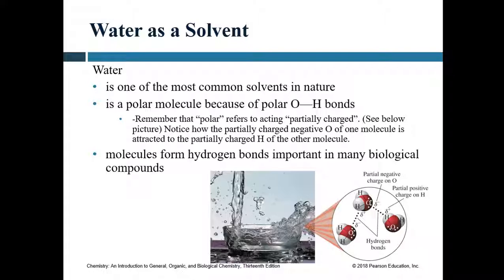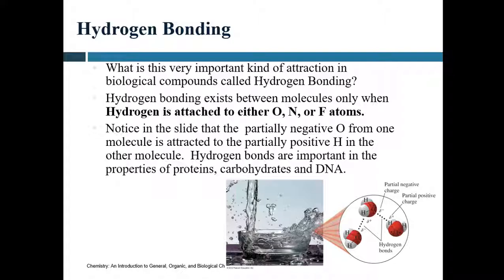The molecules form hydrogen bonds, important in many biological compounds. So let's go back and review our hydrogen bonding. Hydrogen bonding exists between molecules only when hydrogen is attached to either oxygen, nitrogen, or fluorine atoms. Notice in the slide that the partially negative oxygen from one molecule is attracted to the partially positive hydrogen in the other molecule.